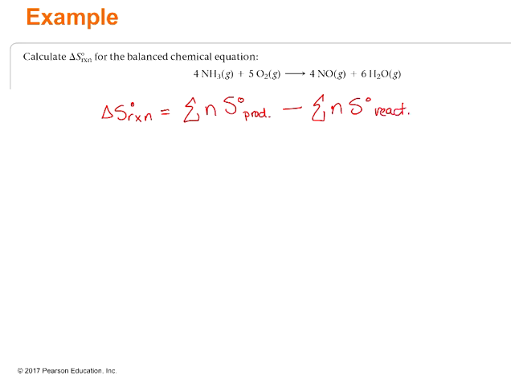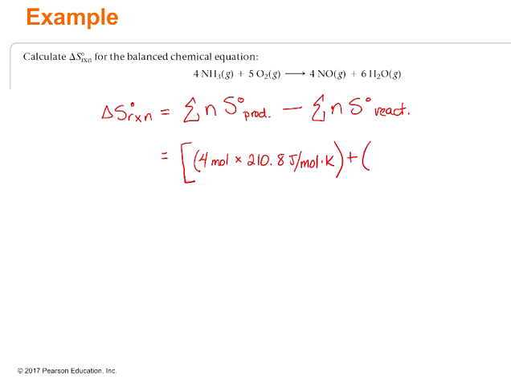And again, we're going to multiply by the stoichiometry. So let's start with the products. So I'm going to put some brackets here. So nitrogen monoxide, we said, had a value of 210.8, but there are 4 moles of nitrogen monoxide. So we're going to multiply the standard molar entropy by 4.